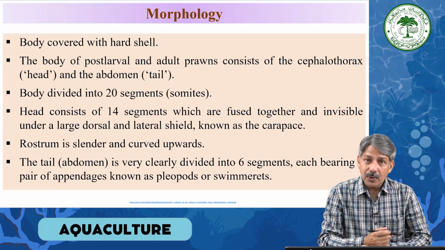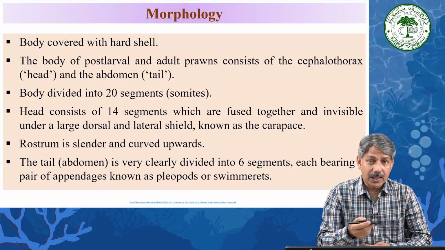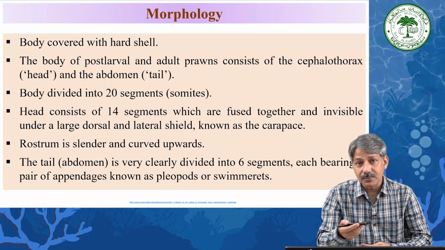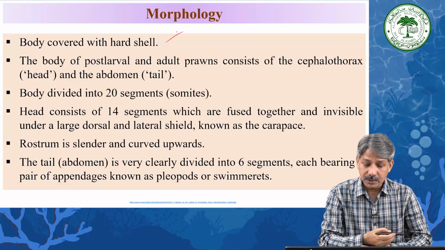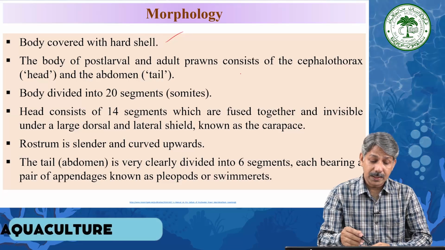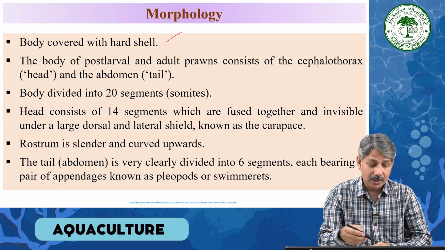Now, a little bit on the morphology of the giant freshwater prawn Macrobrachium rosenbergii. I could have given you a reference in my earlier lectures, but here you can have a relook at that. Body covered with hard shell. We all know about these prawns. The post larvae and adult prawns have the head and tail as cephalothorax and the abdomen that we all know.